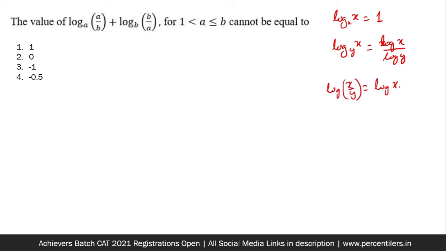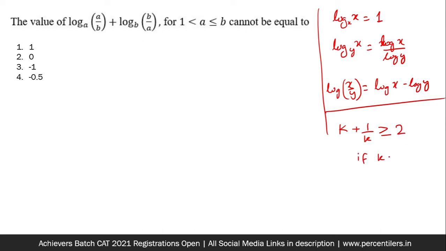So these three I'm going to use. Apart from that, there is another property which says that k plus 1 by k will always be greater than or equal to 2 if k is positive. The equality holds true if k is equal to 1. These are the concepts which are going to be used in this.